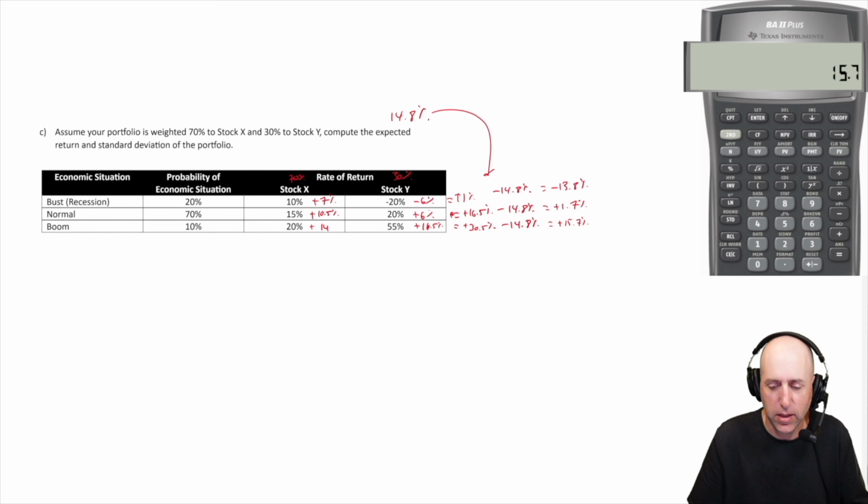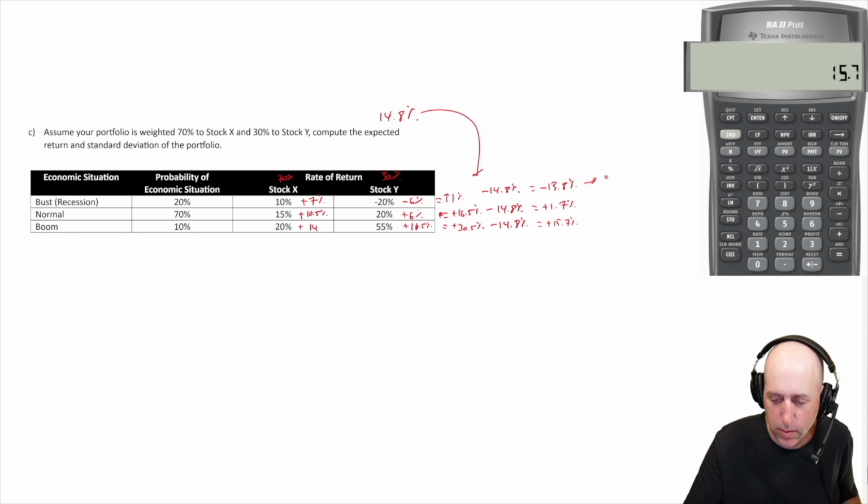All right, let's state these as decimals, then we'll square them. So this is negative 0.138. This one is positive 0.017, and this one is positive 0.157. We square those.